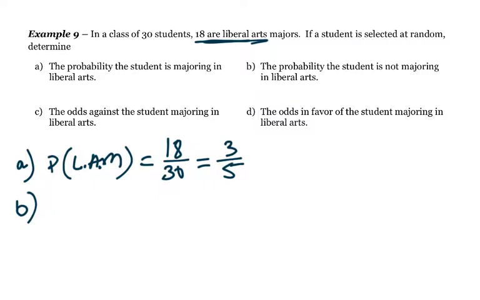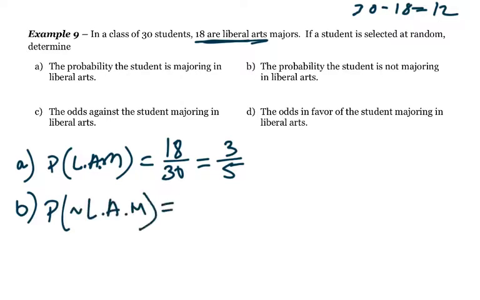The probability of the student not majoring in liberal arts, there's two ways you could figure that out. We could take 30 minus the 18, and that equals 12. So the probability of not liberal arts majors, and that little tilde in front of it represents a not, or you could put LAM complement, same difference, is going to be 12 out of 30.